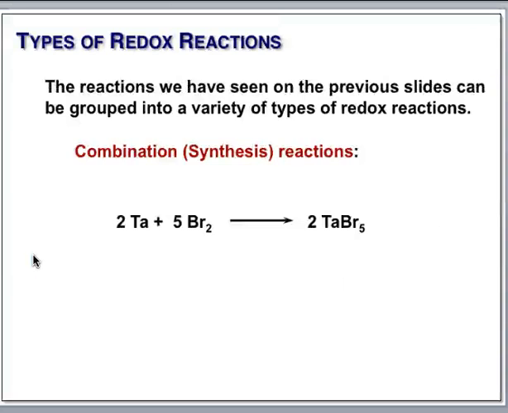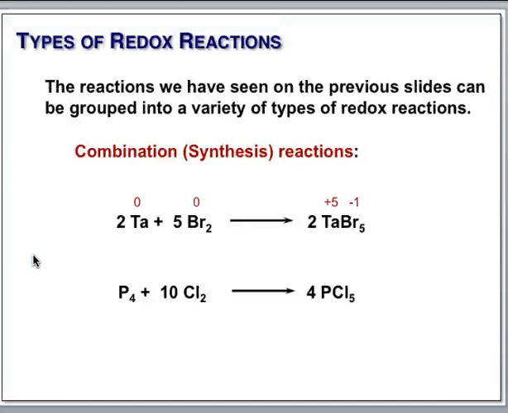We talked about synthesis reactions. Almost all synthesis reactions are going to be redox. In this guy, our tantalum is 0, bromine is 0. Here, bromine is -1. Tantalum must be +5. How about this guy?